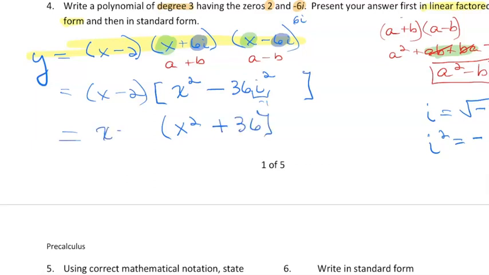And then I have x minus 2 here. Okay, so now you're going to have to distribute the x minus 2 to each of the terms inside. So this is basically a FOIL because it is a binomial times a binomial. So do your first terms and you get x cubed. Your outer terms give you positive 36x. Your inner, negative 2x squared.